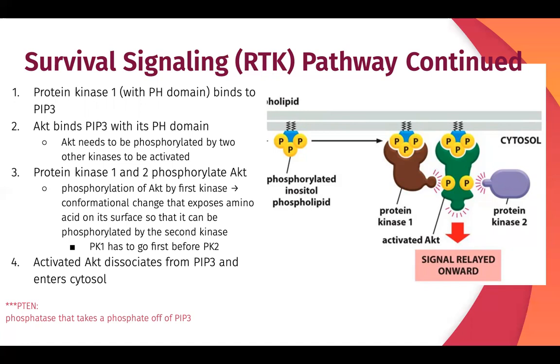Once AKT is double phosphorylated, it becomes activated. And once AKT is activated because of the double phosphorylation, it dissociates from PIP3 and enters the cytosol. So it's all bound, and then once it's active, it's released and it continues on its way. And then PTEN is a phosphatase that takes the phosphate off of PIP3, so it doesn't stay active forever.